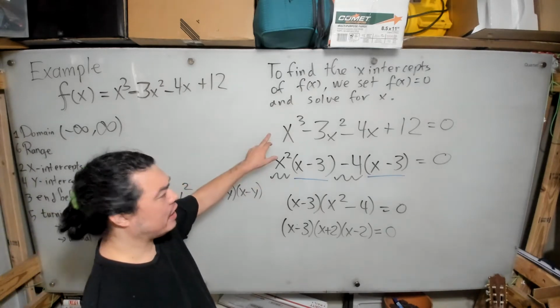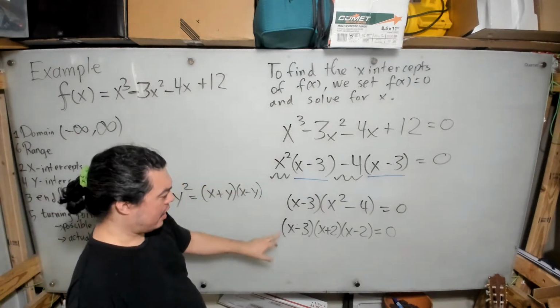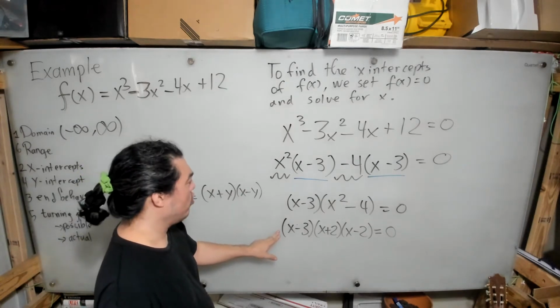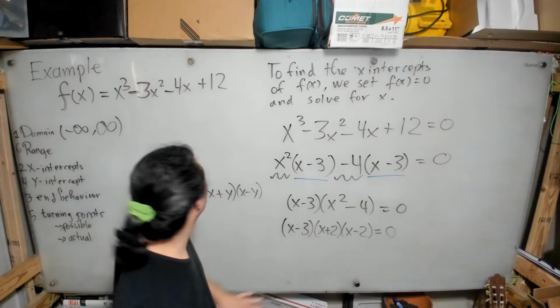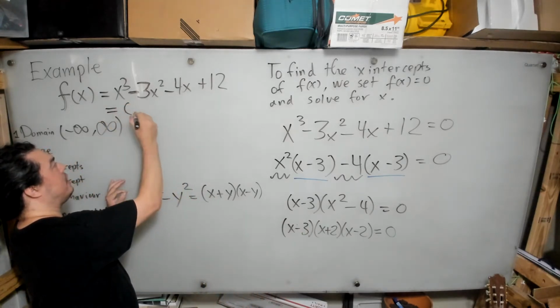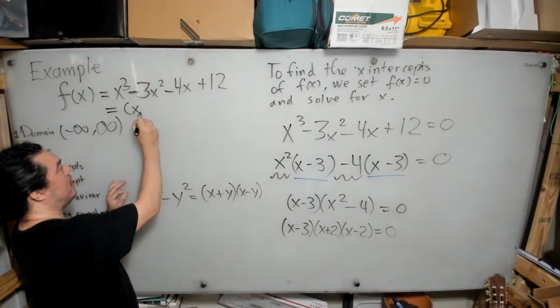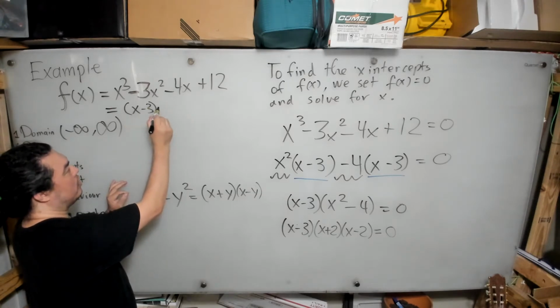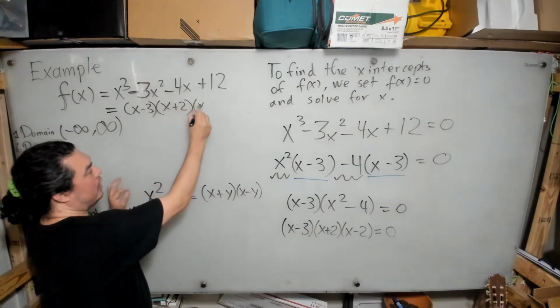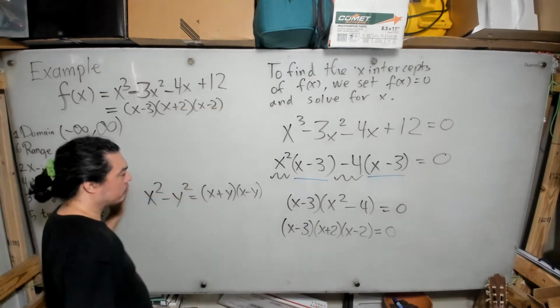I took this expression on the left and was able to rewrite it as this expression. So before we solve this for the zeros, I want to state that in this particular case, we were able to write this polynomial in factored form as x minus 3, x plus 2, x minus 2.